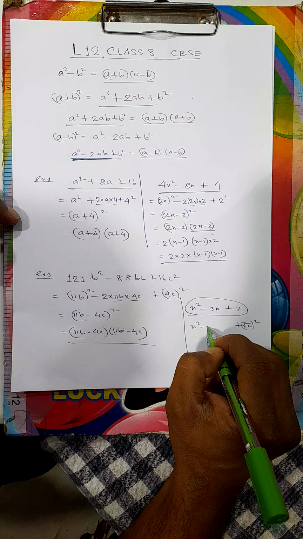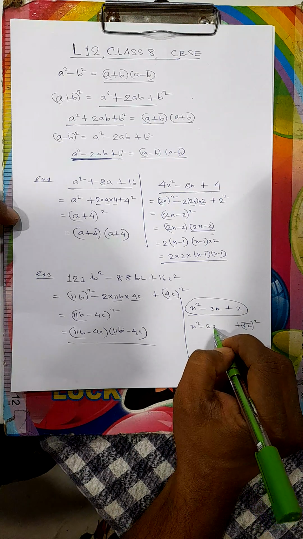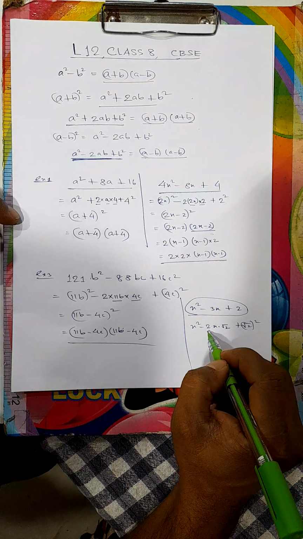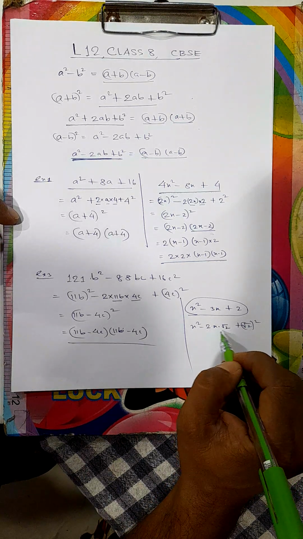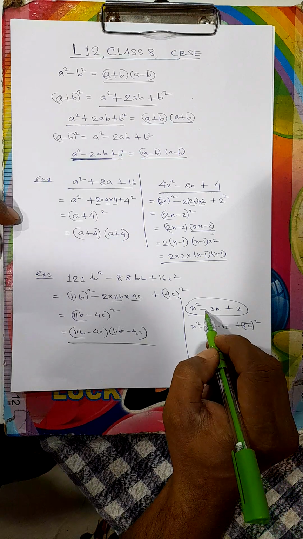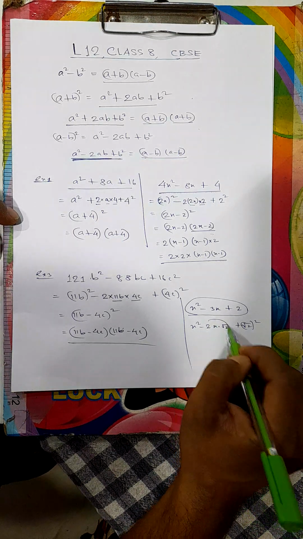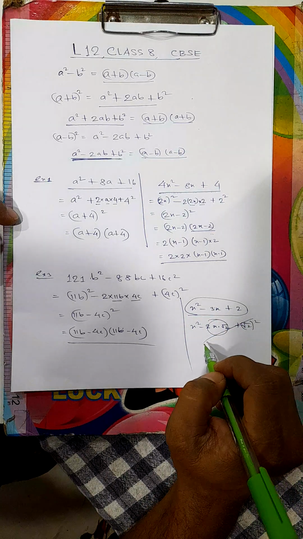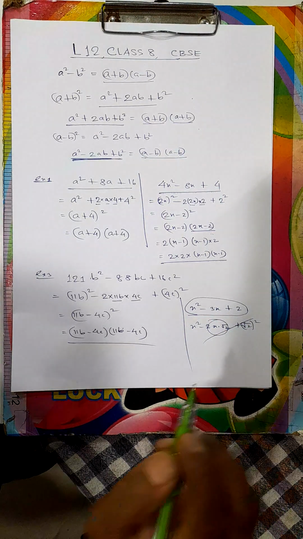Twice of a means x, b means square root of 2. Twice of ab means 2 root 2x, but the middle term is 3x, so it is not equal to this term. So we cannot convert this into a perfect square.